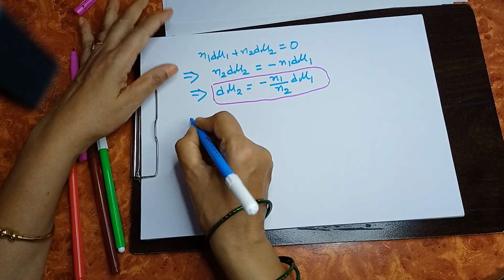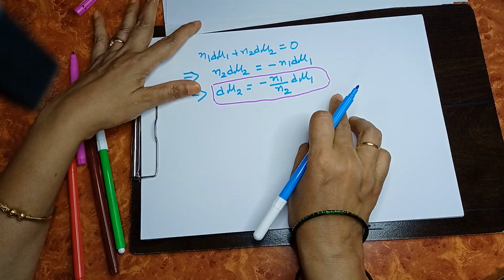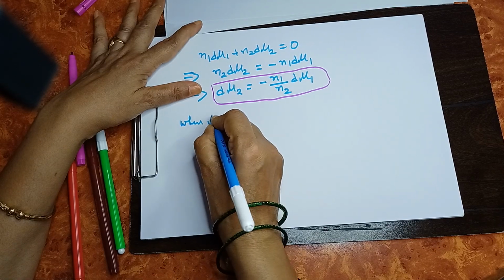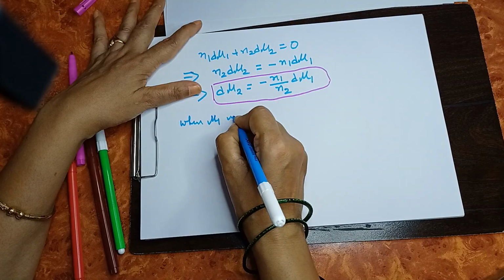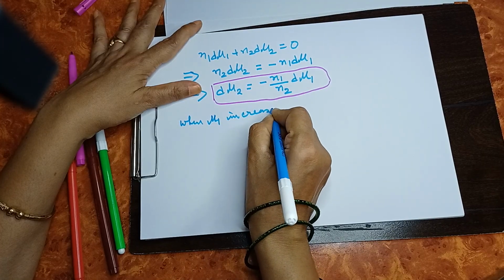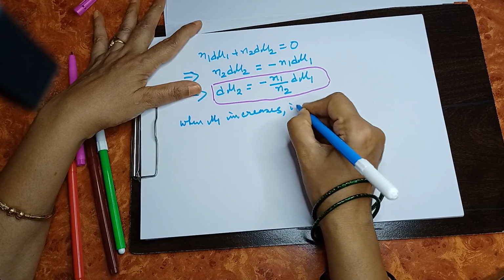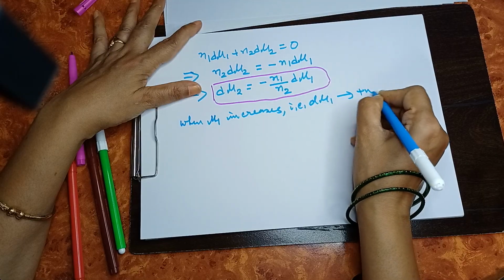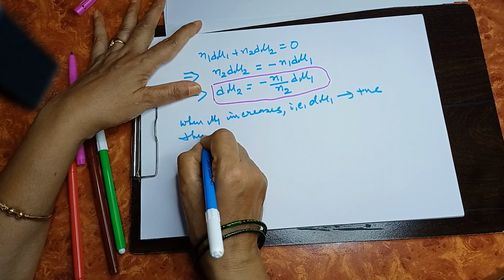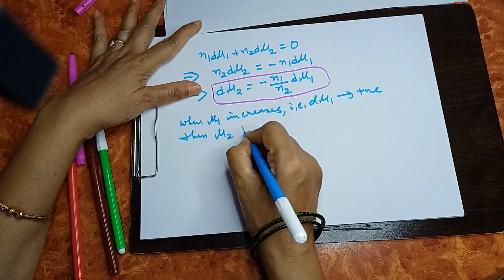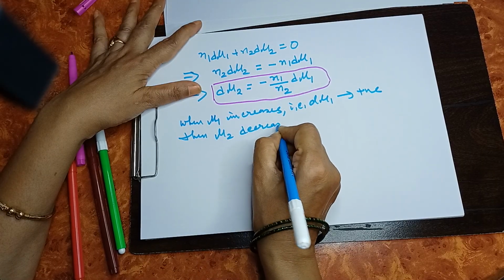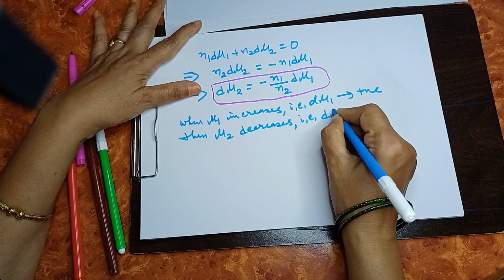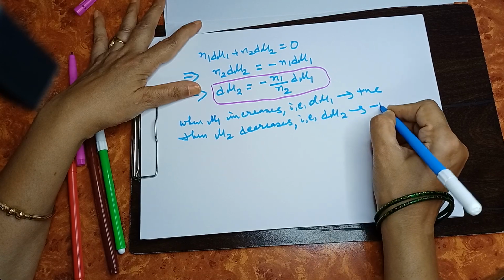Okay. So from this equation, what can I write? When mu 1 increases, that is, d mu 1 is positive, then mu 2 decreases, that is, d mu 2 will be negative.